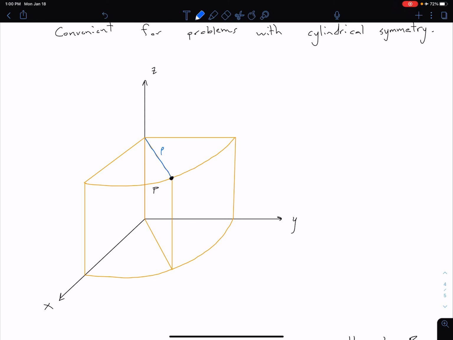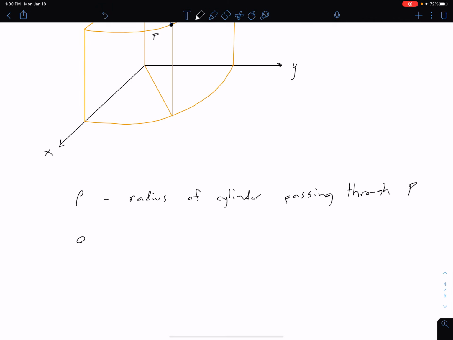Okay, so the next item is our phi. Our phi is our azimuthal angle, and that's going to be measured from our x-axis in the xy plane.